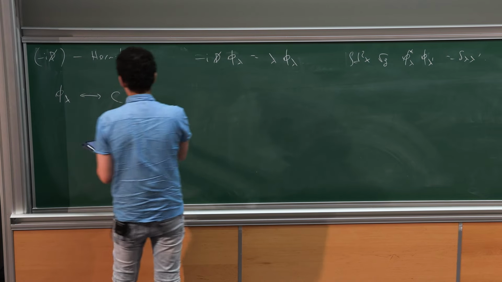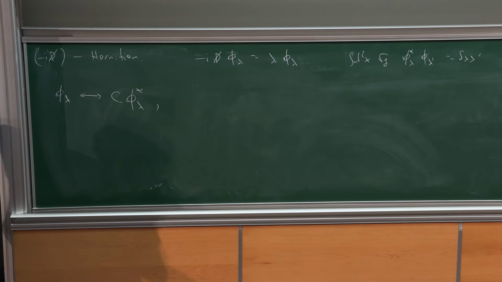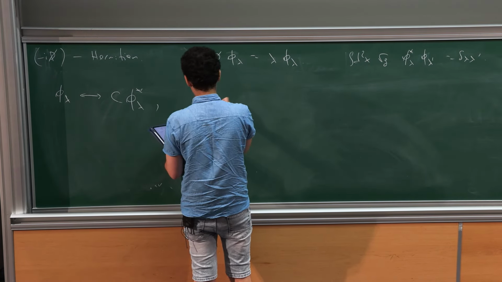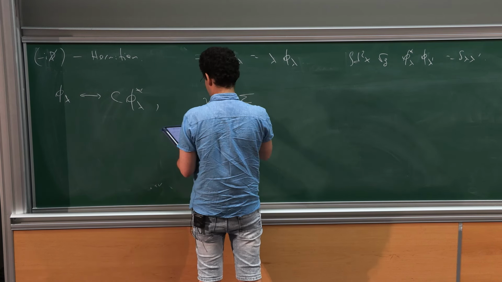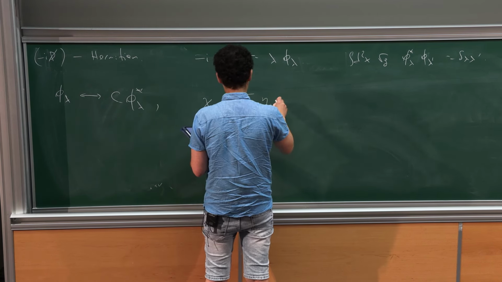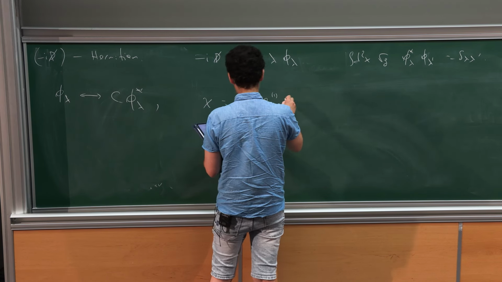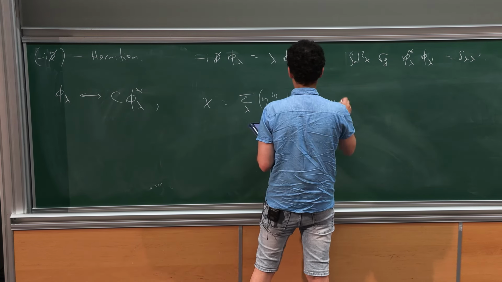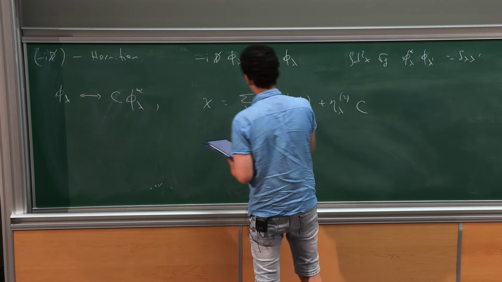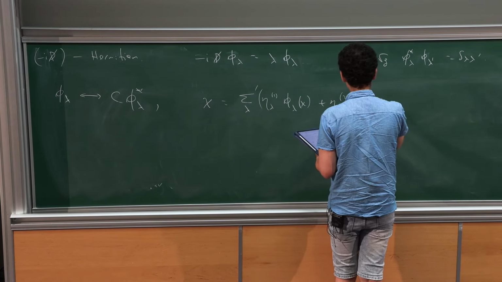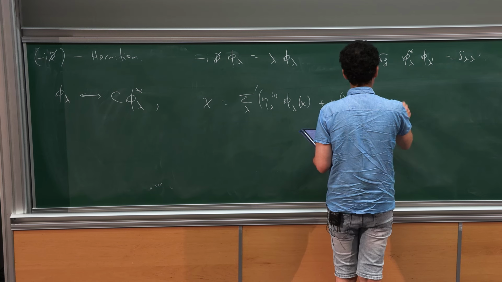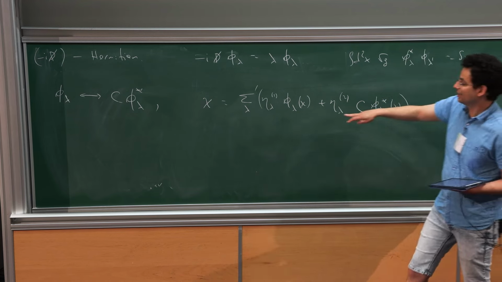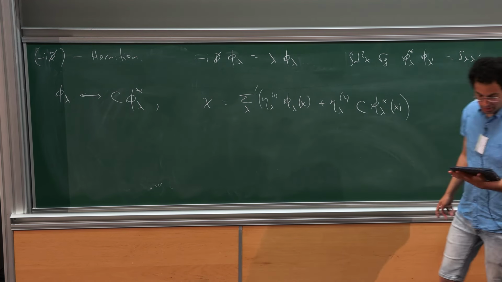And now, expanding my Grassmann field chi in terms of these eigenvectors, eta lambda 1 phi lambda of x plus eta lambda 2 C phi lambda star of x, where the prime means that for each pair of eigenvalues, I keep only one term.